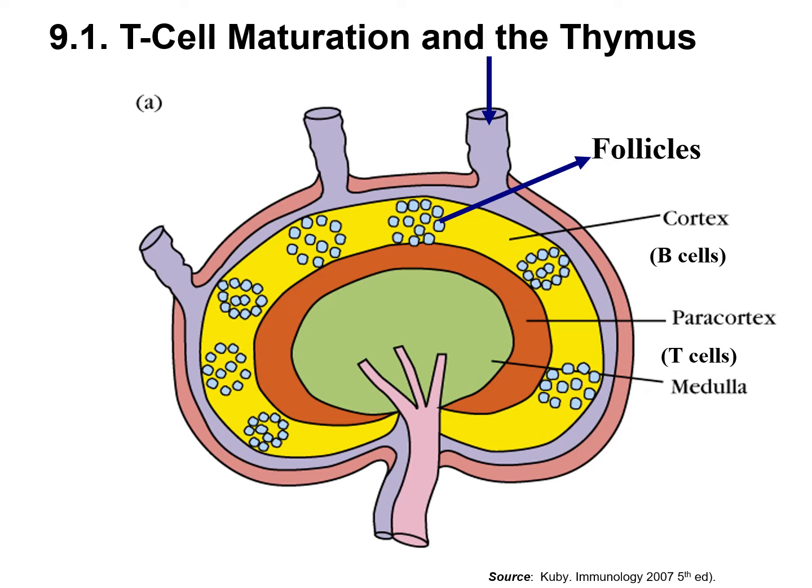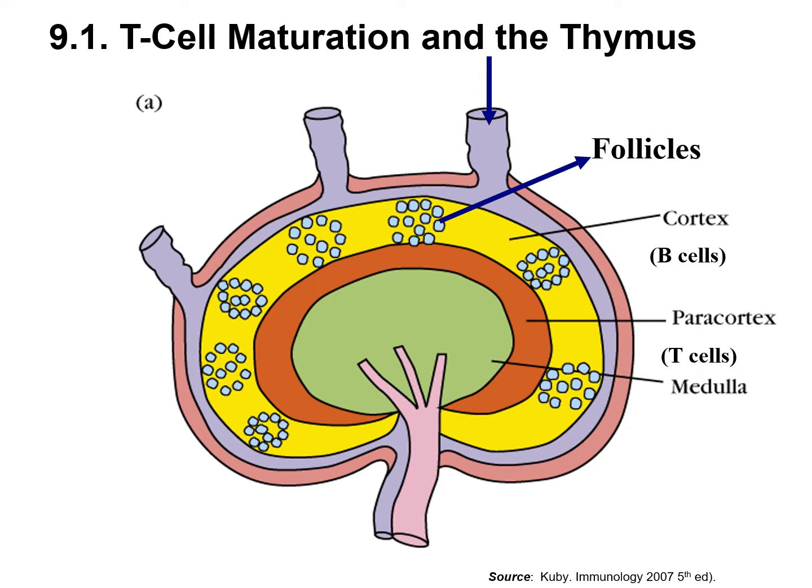This is an example of an organ that looks like a lymph node, but let's just say this is a thymus. It has the capsule, the trabeculae, the blood vessels, and the lymphatic vessels.